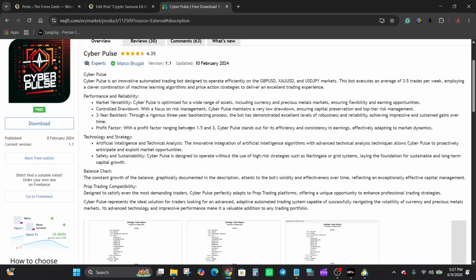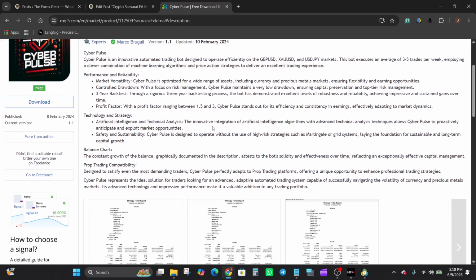Scrolling further, there is mention of a 3-year backtest showing long-term stability along with a profit factor range between 1.5 and 3. That gives us an idea of how performance has been evaluated historically, at least based on the developer's testing.